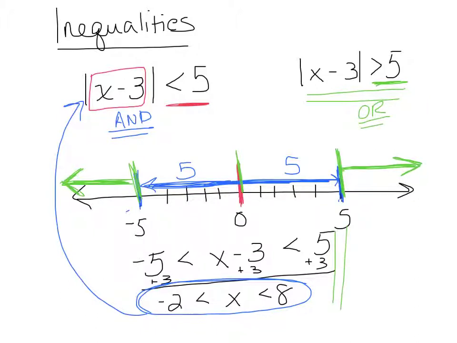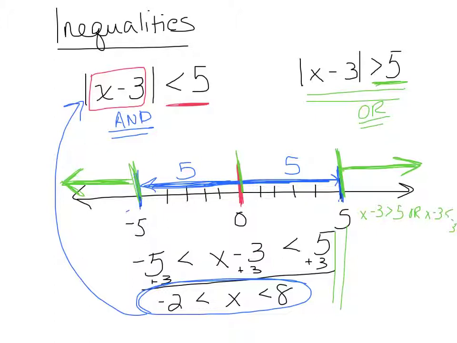So instead of setting it up as an and statement, I can say that x minus 3 is going to be greater than 5, or x minus 3 is going to be less than -5. And where did I get these values?